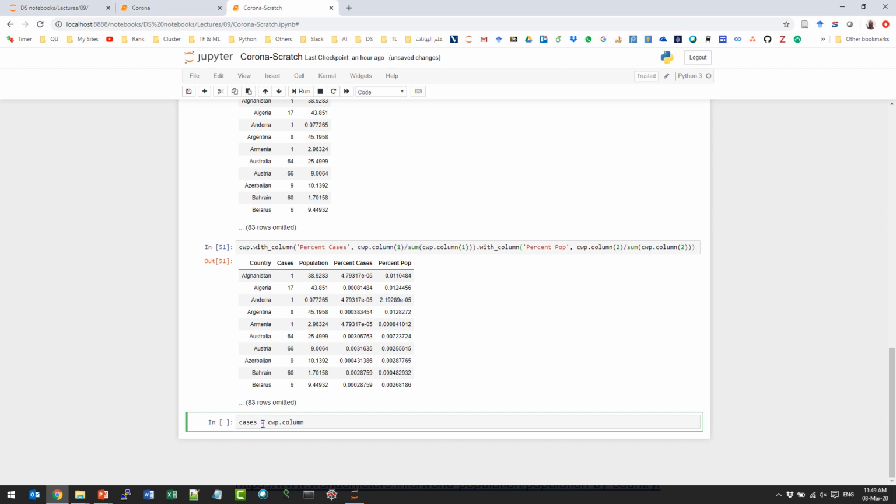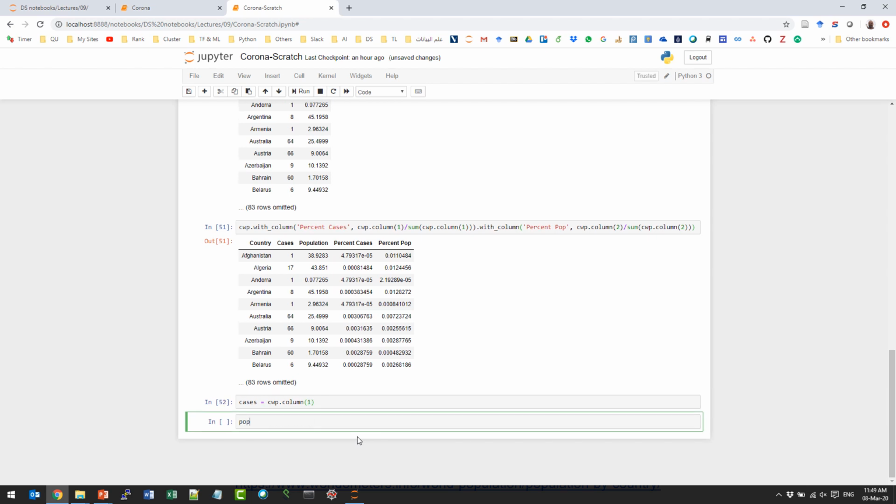Average of what? Of the values? But we want to compute the distribution. We don't want to compute just one number from here, one number from there. We want to compute the difference between the distributions. So this is the cases. Cases is column 1, and let's call this cases proportions, and population proportions is CWP dot column 2.